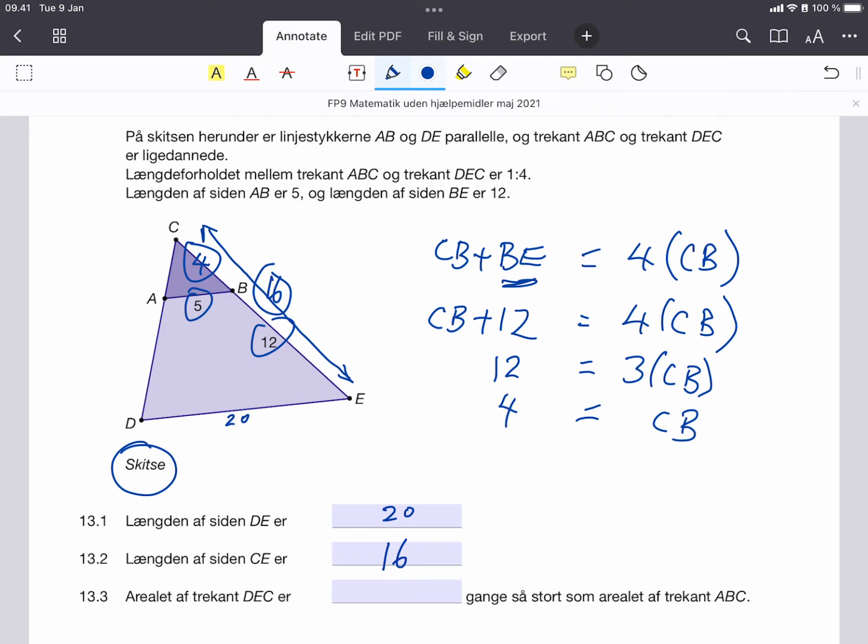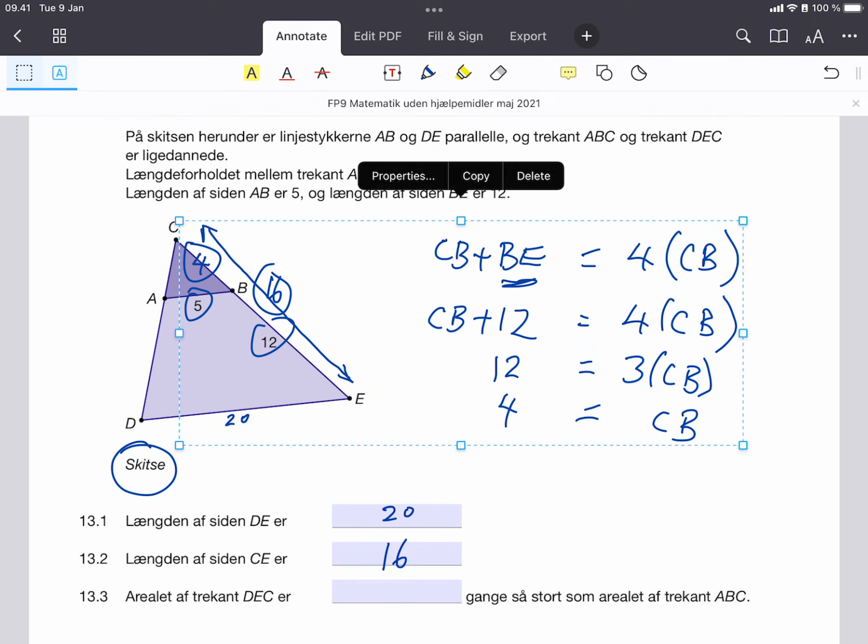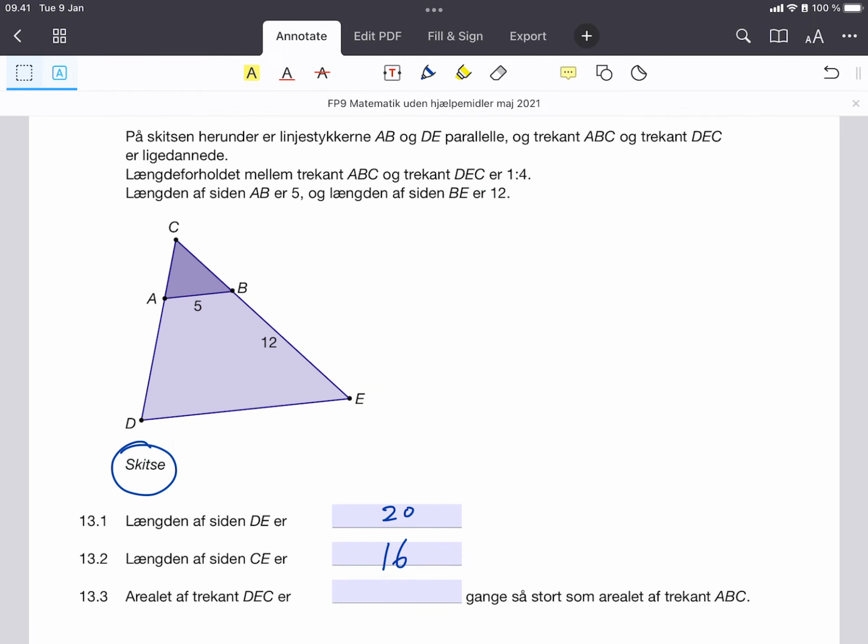Okay, and then finally, the same tricky question that's occurred in exam after exam after exam on this topic. The area of the big triangle is how many times as big as the area of the small triangle?